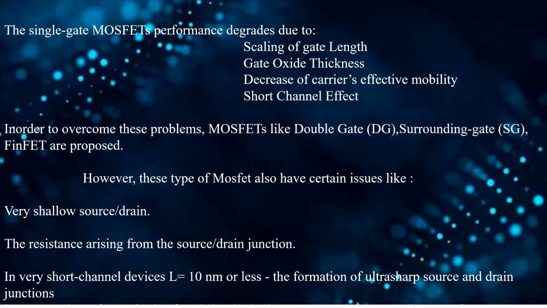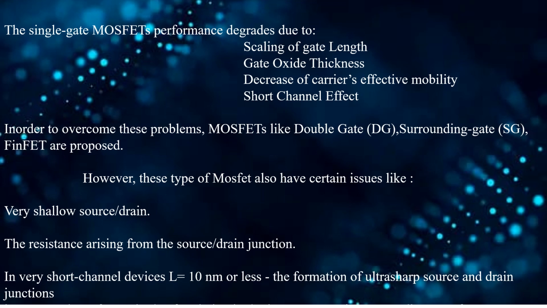In order to overcome these problems, MOSFETs like double gate, surrounding gate, and FinFETs are introduced. However, these types of MOSFETs also have certain issues, because the doping concentration varies between the source and drain, that is, in between the junctions. For smaller dimensions, ultra short doping concentration gradients are required.